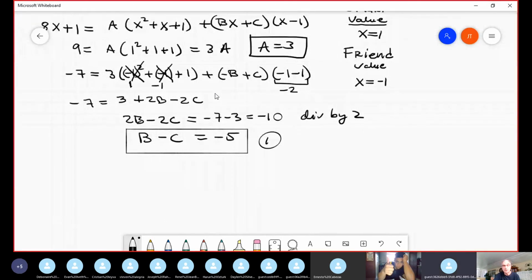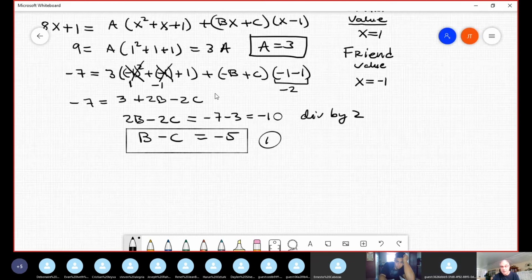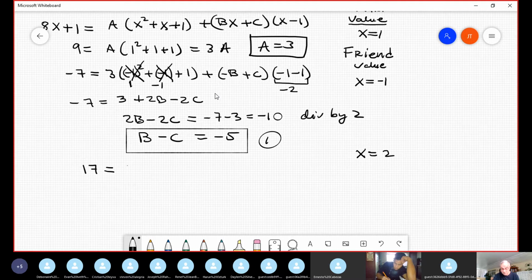Yes, sir. Super. So in my paper, I select another free value, which is 2. Plugging into here, 2 times 8 is 16 plus 1, 17. Then 17 is equal to 3, because I know that a is 3 from the beginning, right?